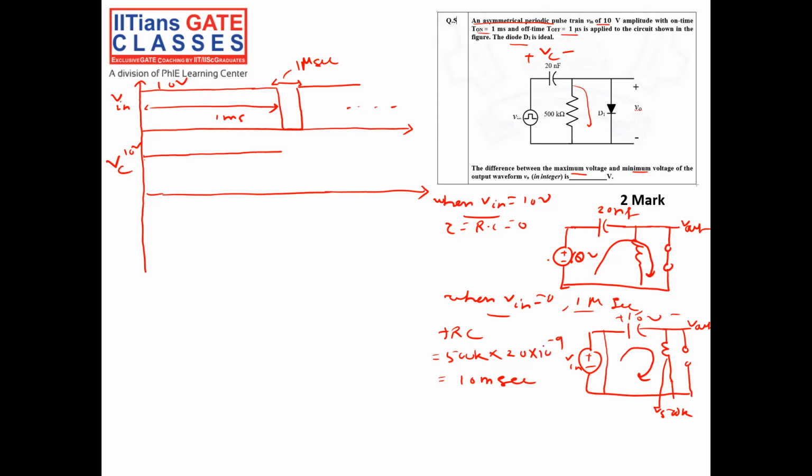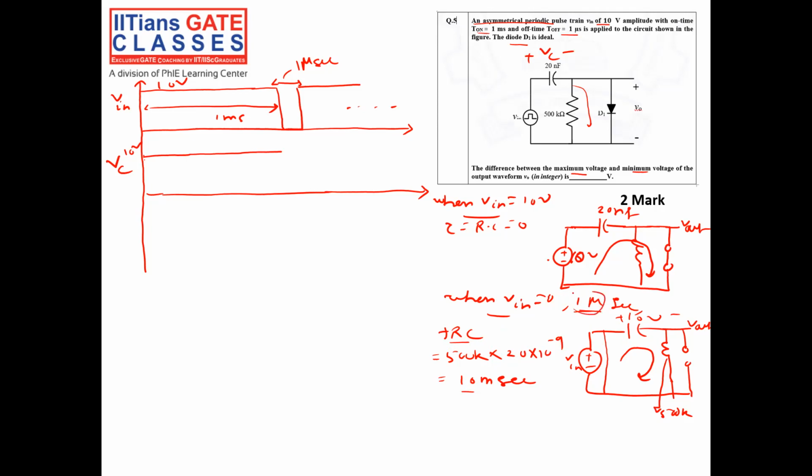So the capacitor needs approximately 10 millisecond to discharge completely. Since RC is 10 millisecond, it will take approximately 10 millisecond to discharge, but V in is 0 only for 1 microsecond.